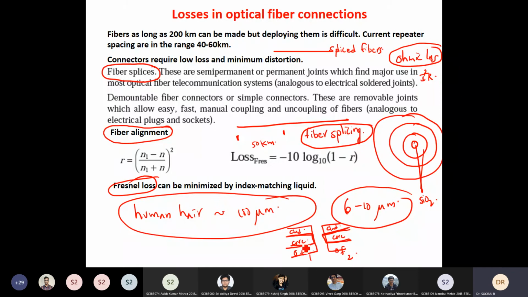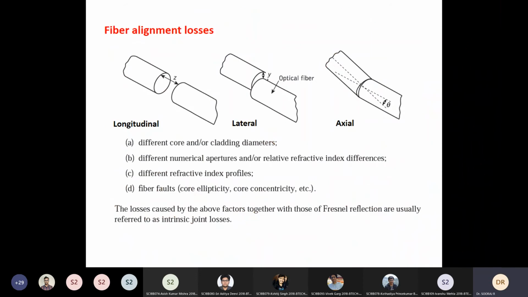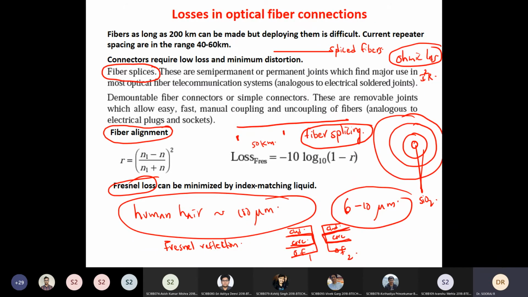So when the power from optical fiber 1 is trying to enter the second optical fiber, it sees a refractive index difference, because of which there is a reflection, and that reflection is called the Fresnel reflection.